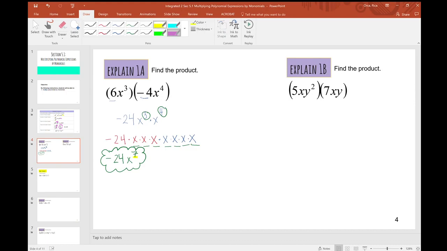In explain 1b, we have 5 times x times y to the 2nd power times 7 times x times y. Same concepts, multiply the numbers together, such as 5 times 7. 5 times 7 gives us 35.